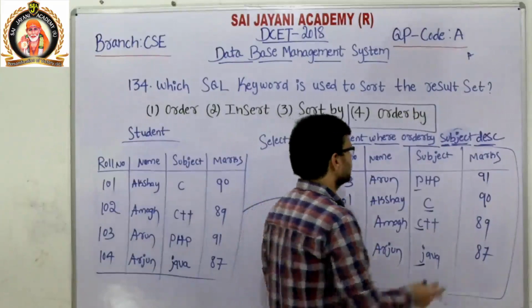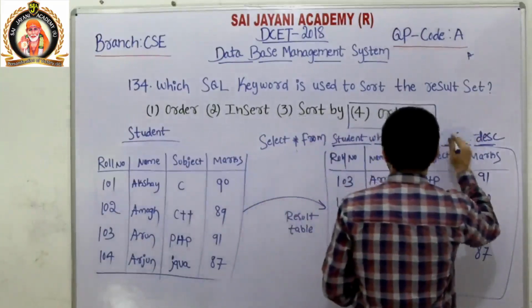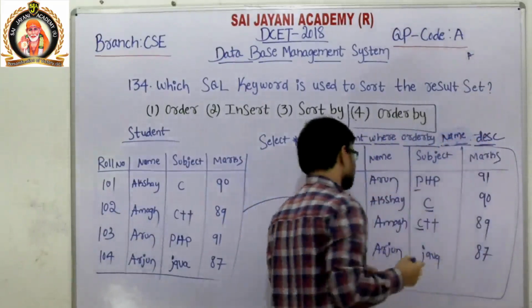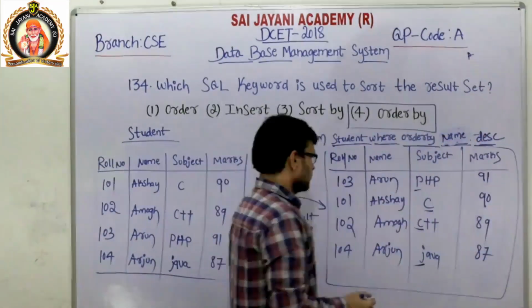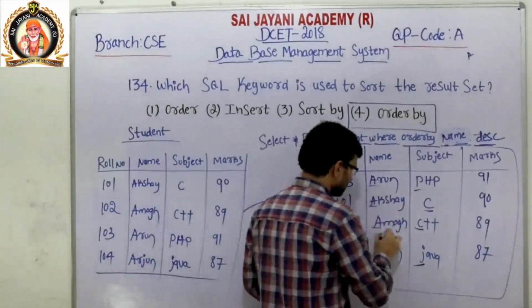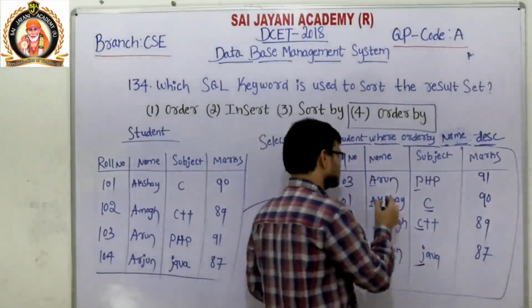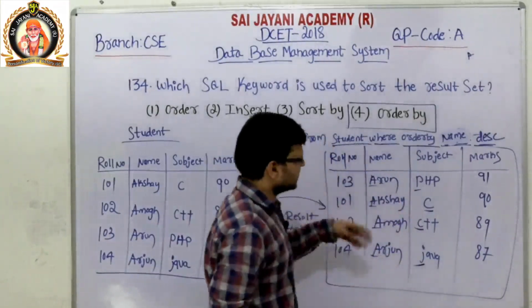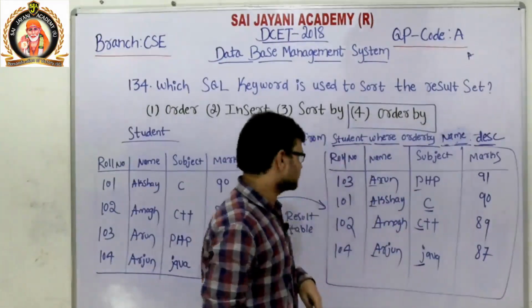When you use name, it is also the same. It will check the first letter, and if the first letters are the same, it will check the second letters, and according to that it will arrange it.